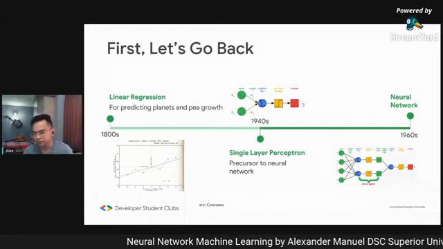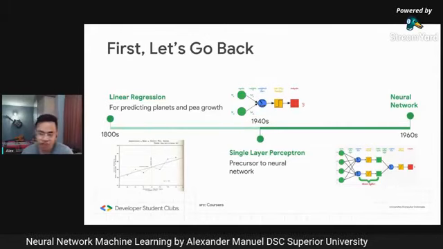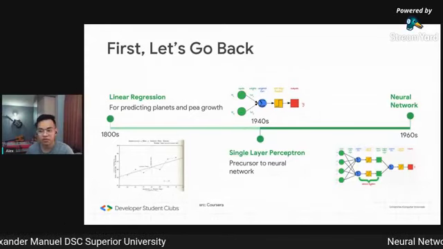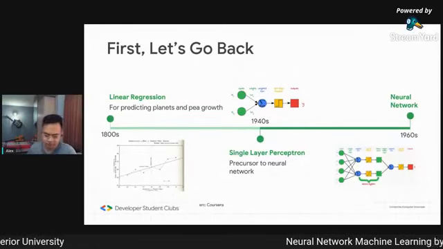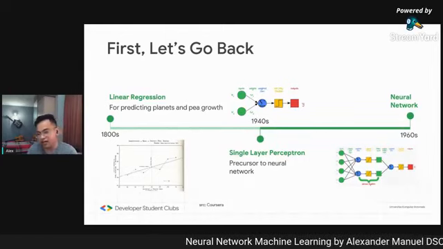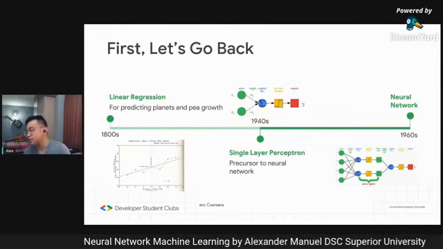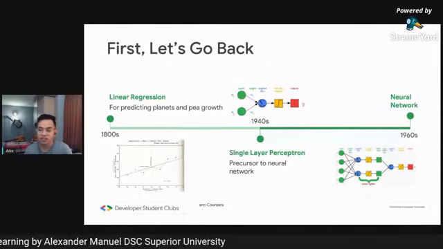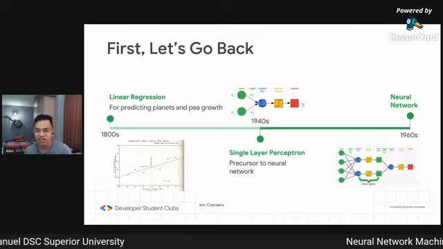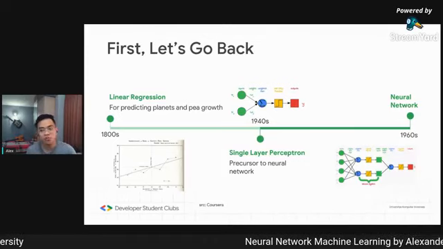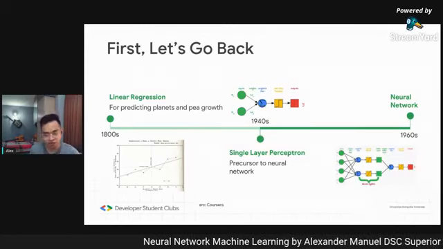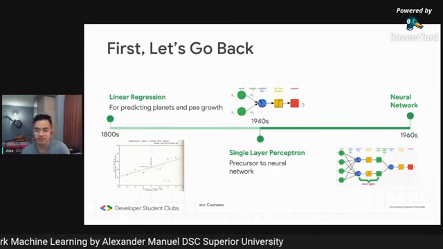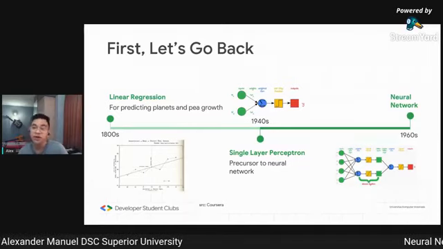It was used to predict planets' growth, because when researchers did research on this type of problem, they saw that everything in the universe goes back, or regresses, to the previous situation, the previous occurrence. So that's why they called it regression.